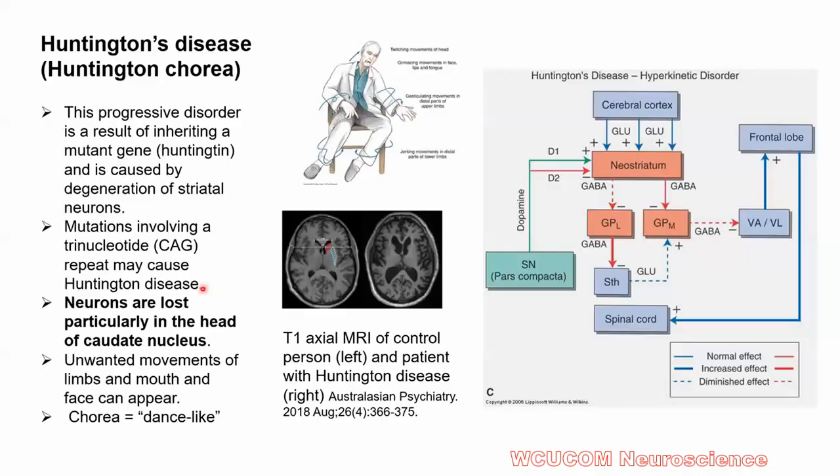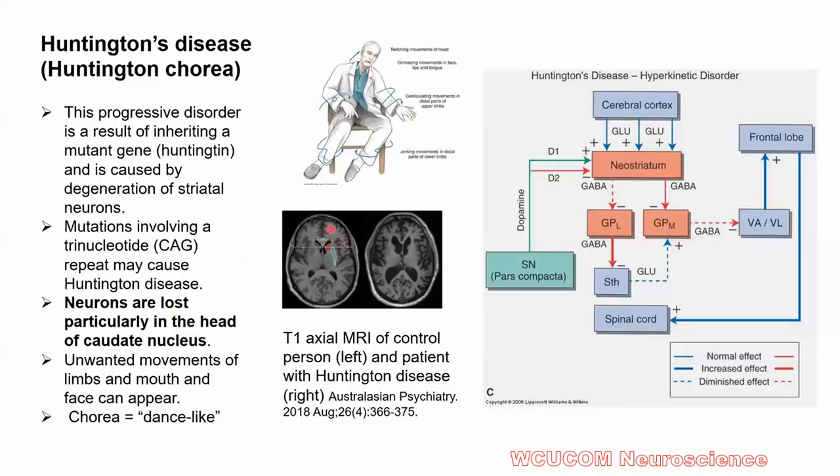This gene has too many repeats of the CAG trinucleotide. And the more repeats one has in this gene, it's called Huntington gene, the more severe and the earlier the presentation is. Nevertheless, neurons are lost, particularly in the head of the caudate nucleus, but also in putamen.